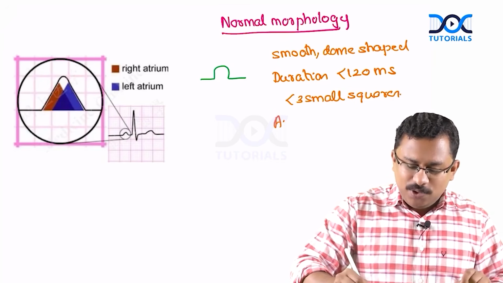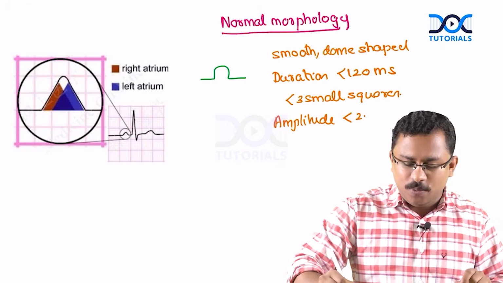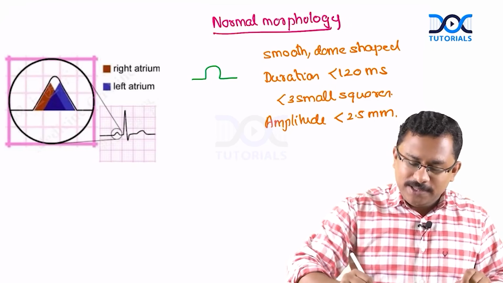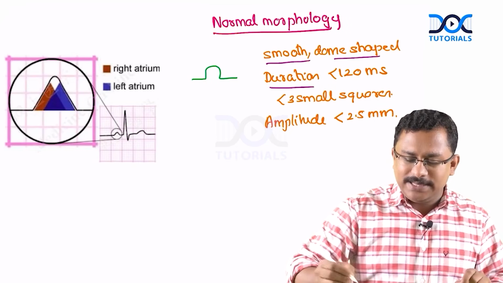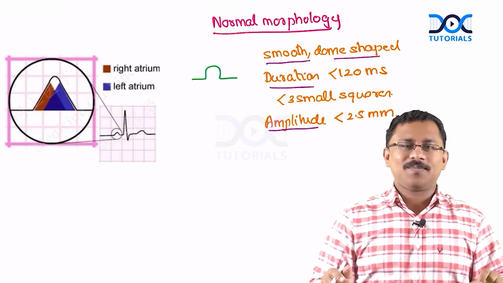Whereas the amplitude of the normal P wave will be less than 2.5 millimeter. So the normal morphology: smooth dome shape, duration less than 120, amplitude less than 2.5 millimeter.